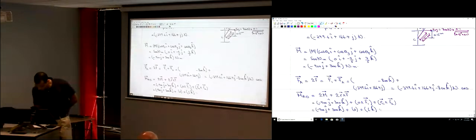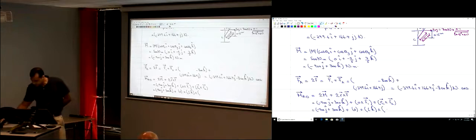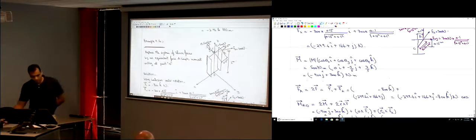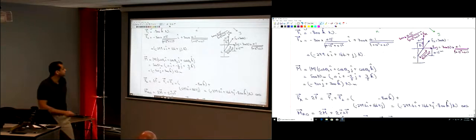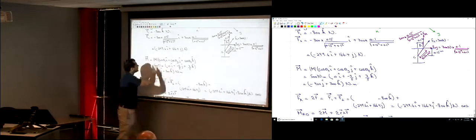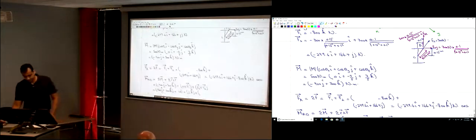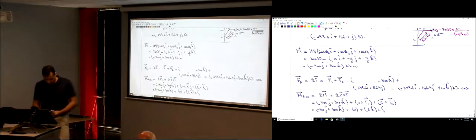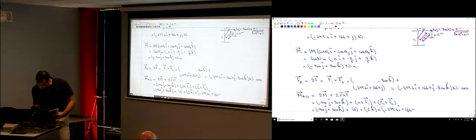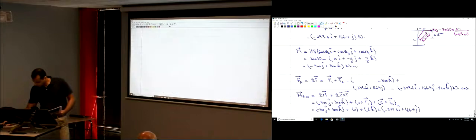Cross F2. Where is F2? F2 is negative 249.6I plus 166.4J.